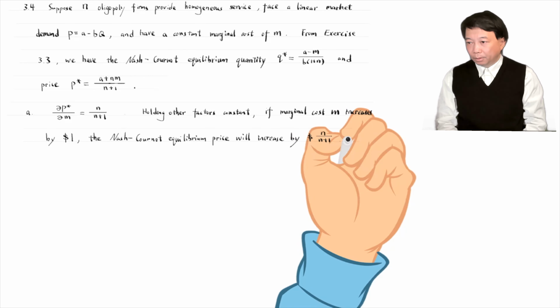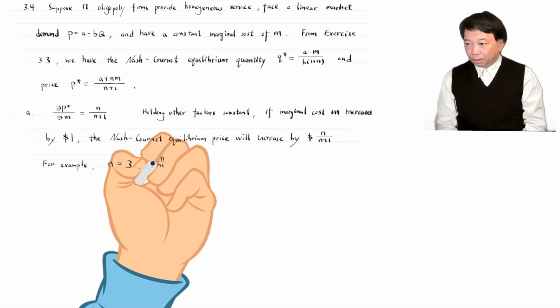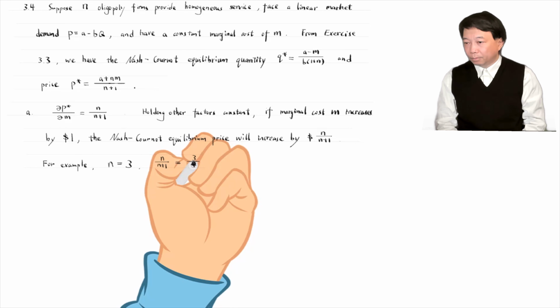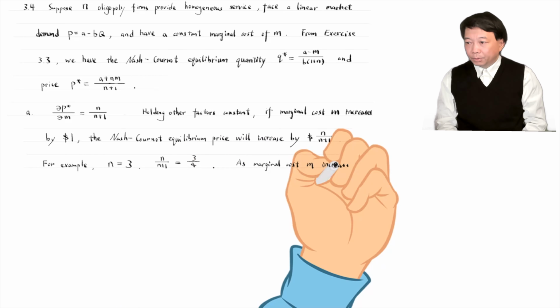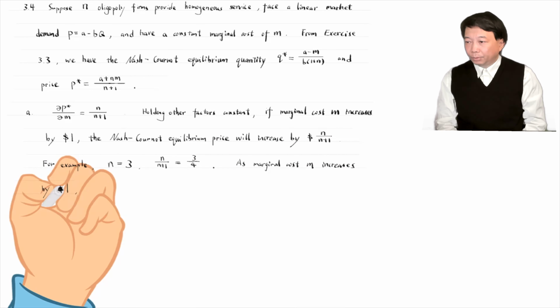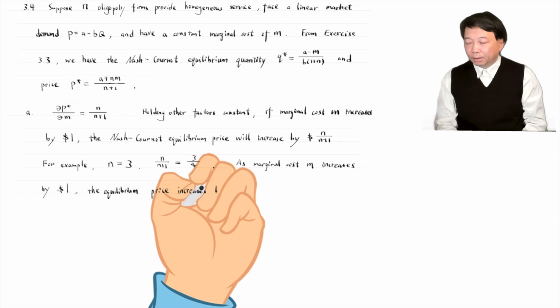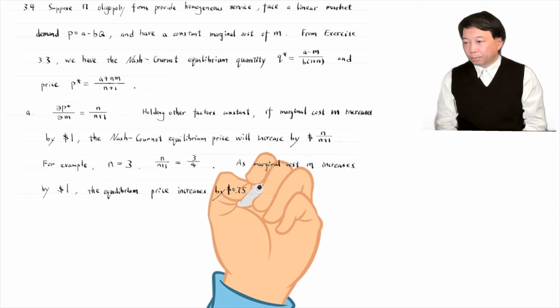For example, if there were 3 oligopoly firms in the market, then N over N plus 1 equals 3 over 4. As marginal cost M increases by $1, the equilibrium price increases by $0.75.